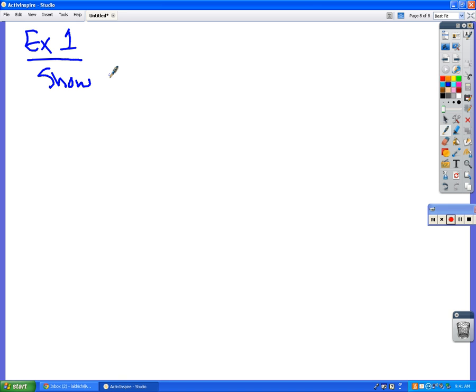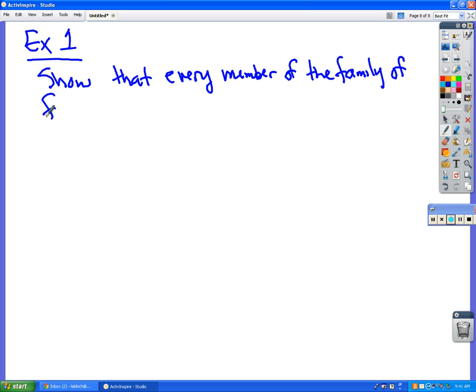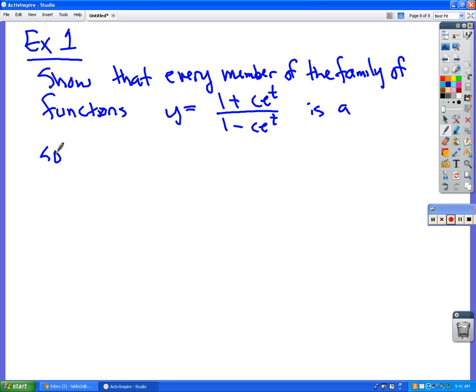This is kind of weird, but it says, show that every member of the family of functions y equals 1 plus ce to the t over 1 minus ce to the t is a solution to y prime equals 1/2 times y squared minus 1.